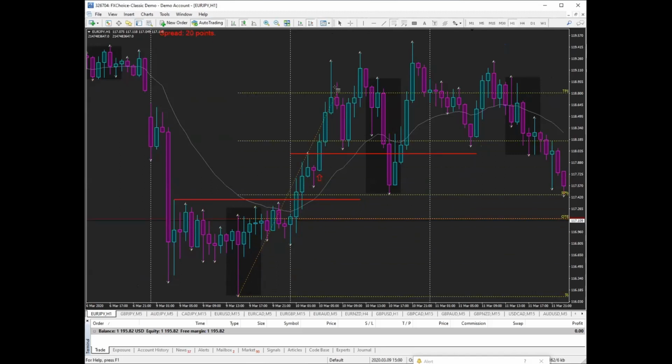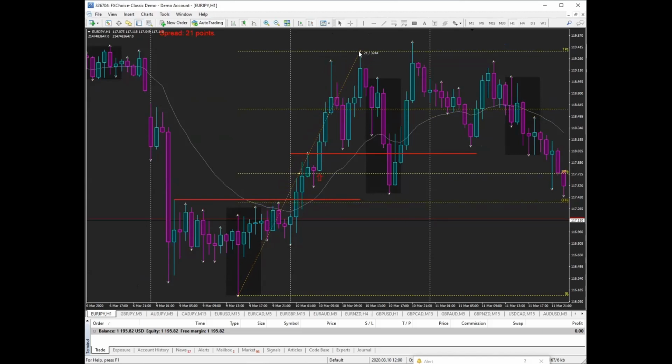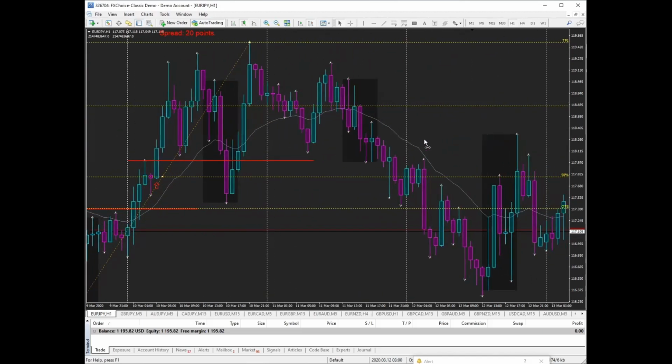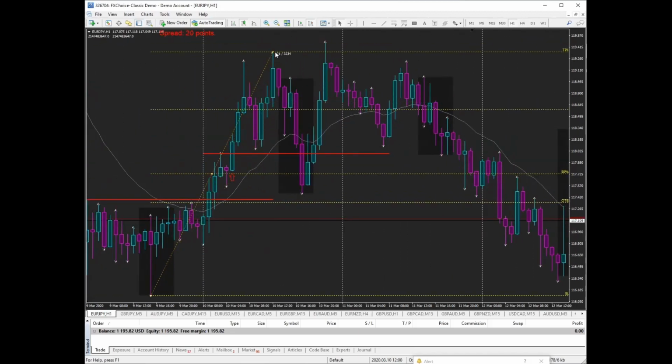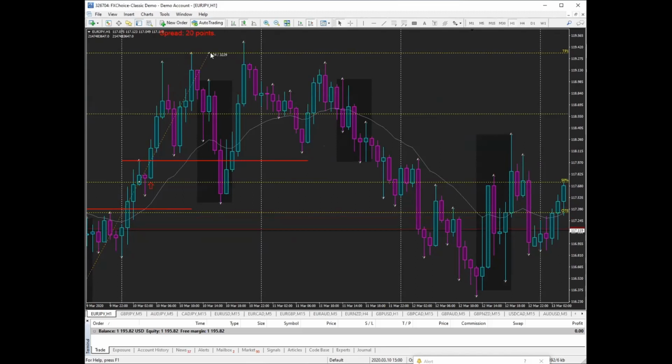Fibs. The entry never came for 62, but it did come for 50 right here. Okay, well, you're not trading off 50, you're trading off 62. So I would have missed that.